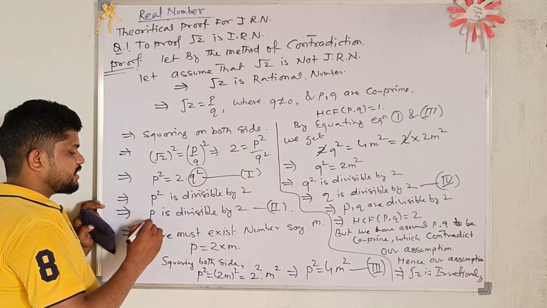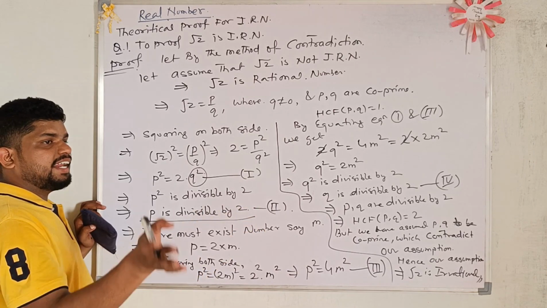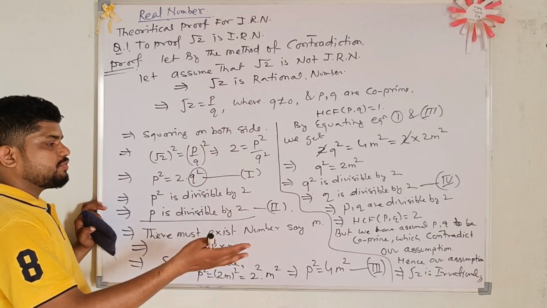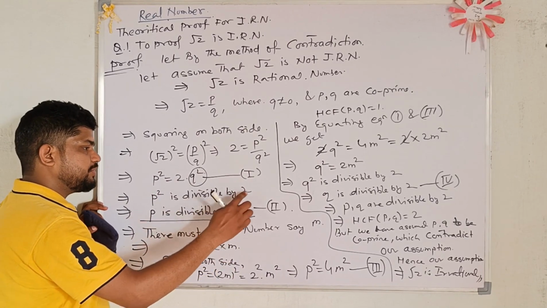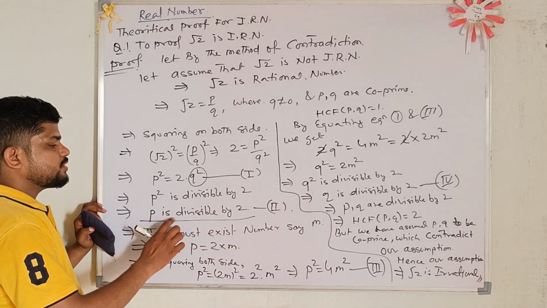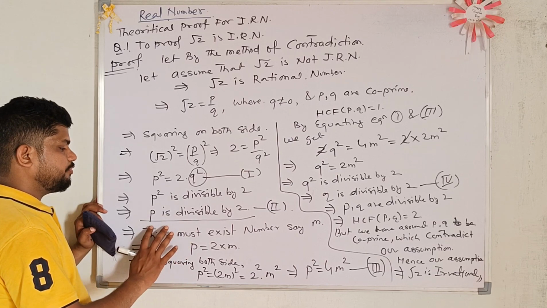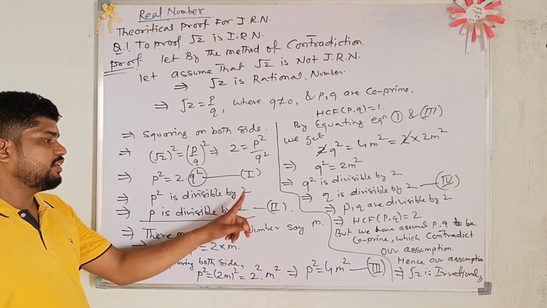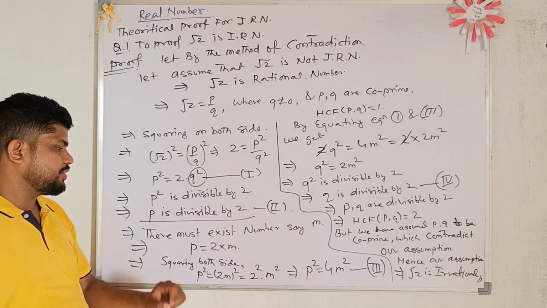And now for this line, we have taken the lemma that I taught you at the start of the video, that if p square is divisible by 2, then automatically p is also divisible by 2. So we have written this statement. We have given equation 1 to this and equation number 2 to this.